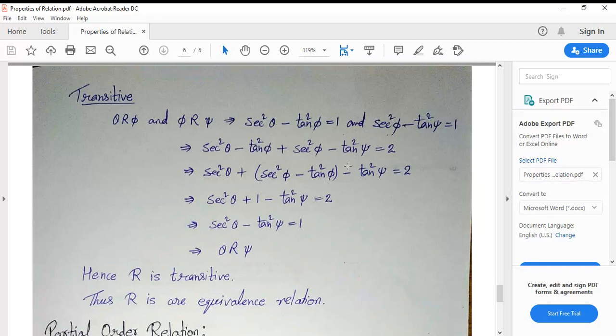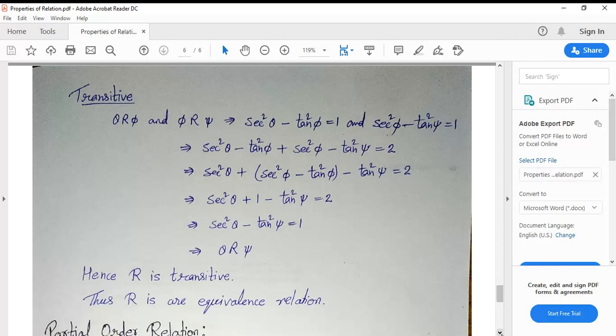And secant square phi minus tan square phi equals 1, we know that. So now secant square theta minus tan square psi equals 1. For this condition, we say that theta is related to psi. It means that our relation is a transitive relation.